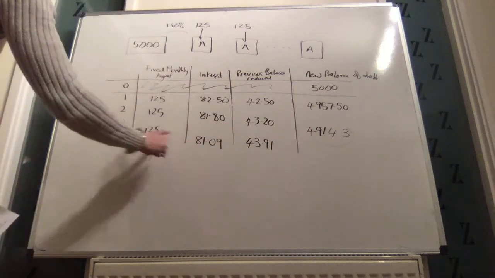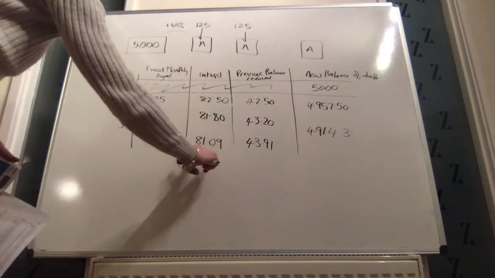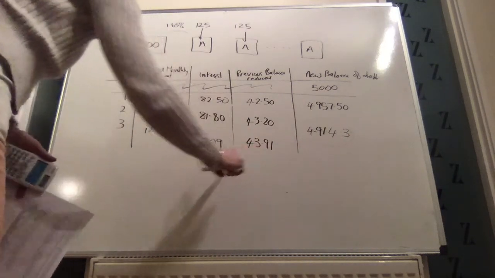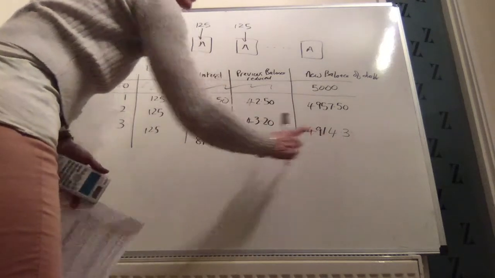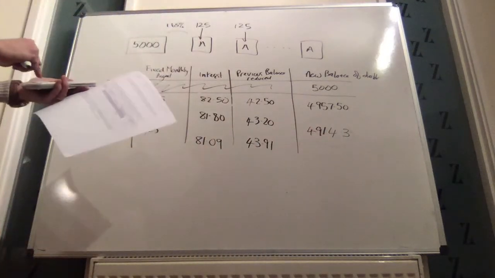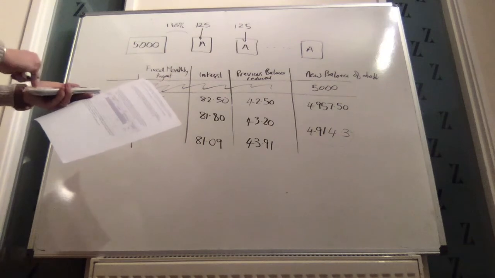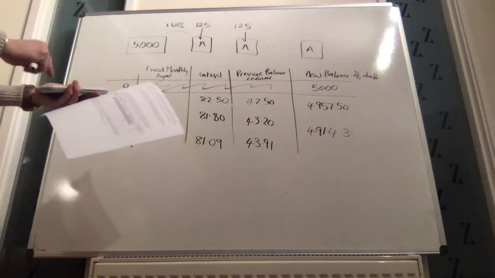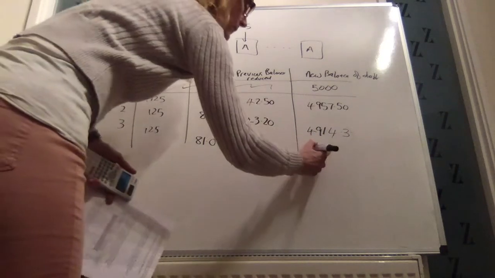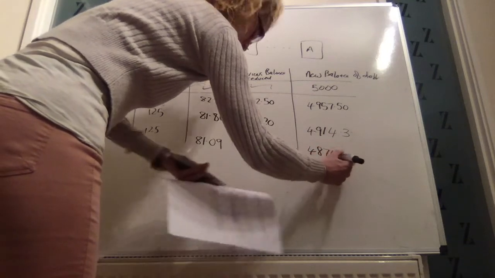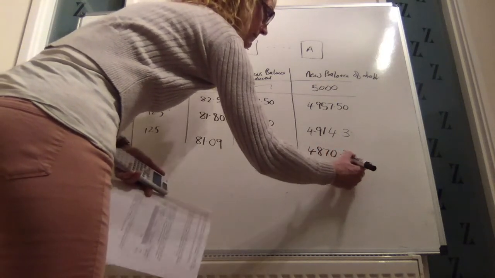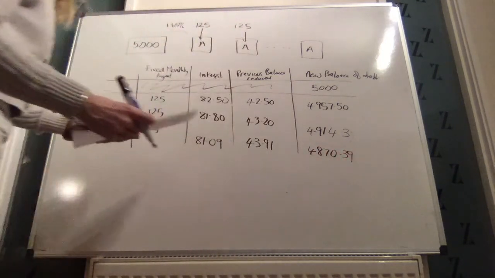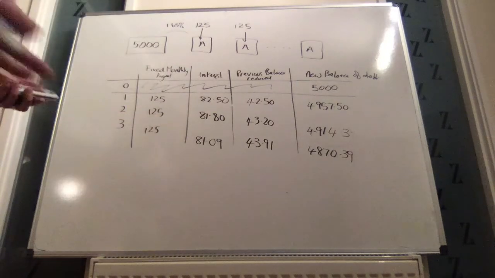So he effectively pays off the interest and he still has 43.91. That will come off the 4914.30, leaving $4,870.39.